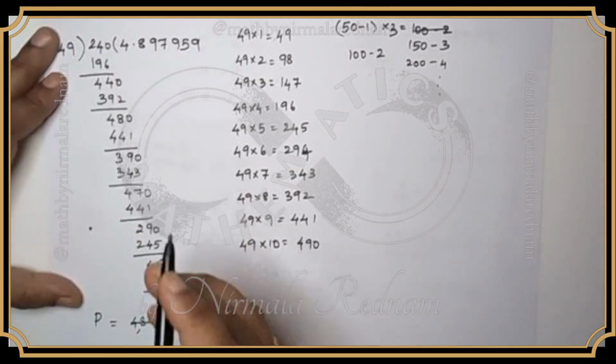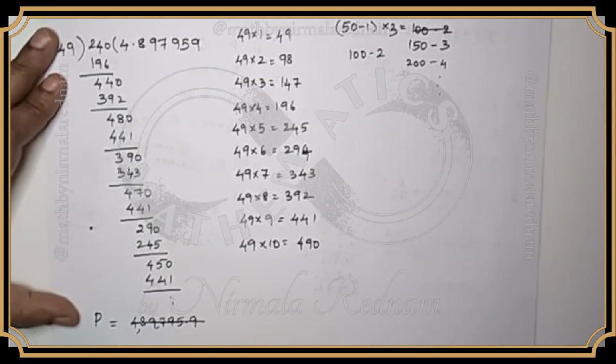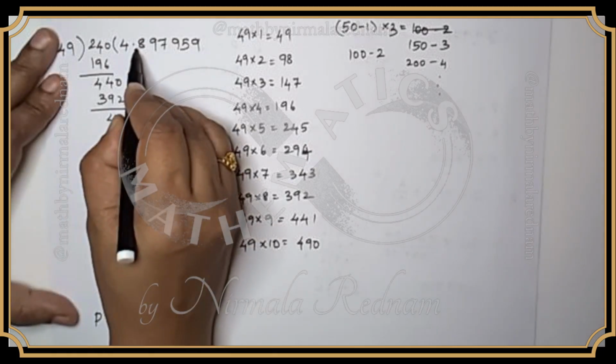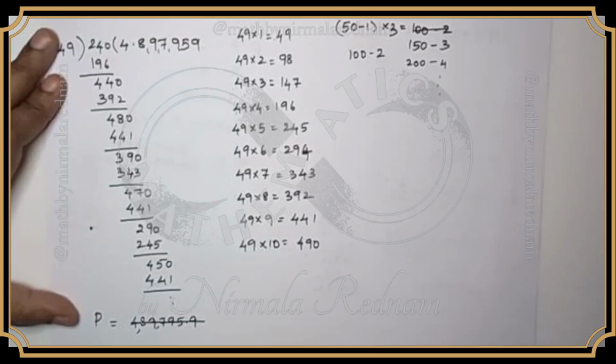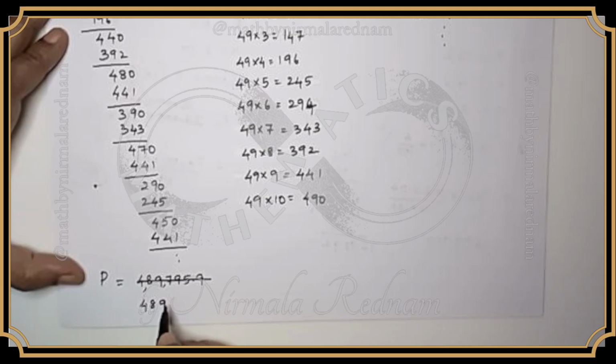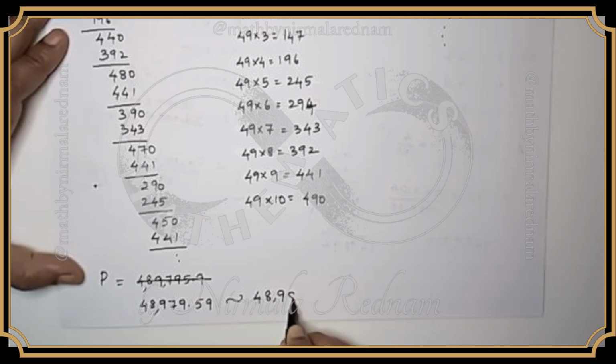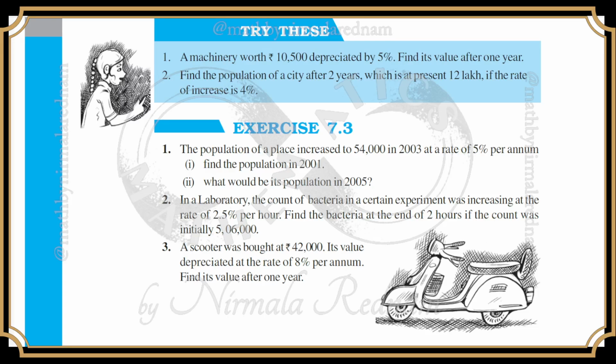I've taken 240, so I have only 4 more zeros left, not 5. So I have 1 2 3 4, 4 8 9 7 9.59, right? Now if I approximate it, I can write it as 48980. So this is my approximate population in 2001, right?